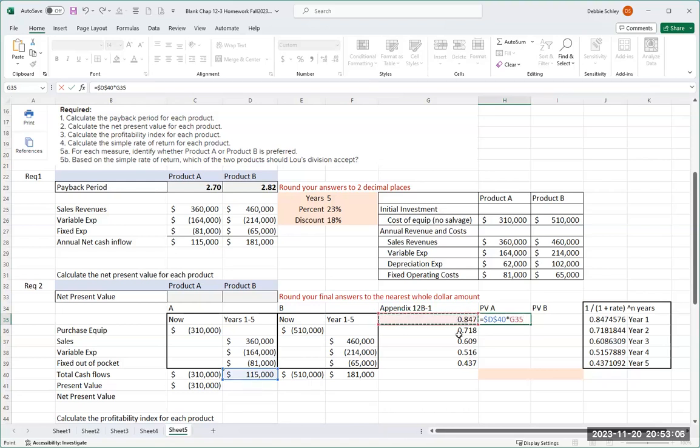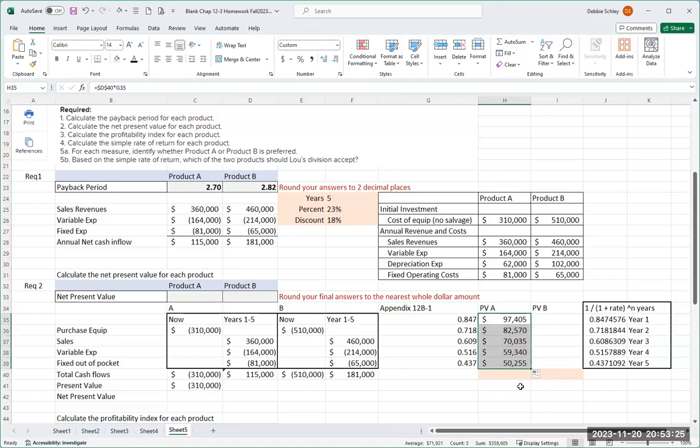And notice I'm using the one that's a hard input, not the one with all of the numbers. So 97,405. And because I anchored that 115,000 total cash inflow, I can drag this formula down through year 5.